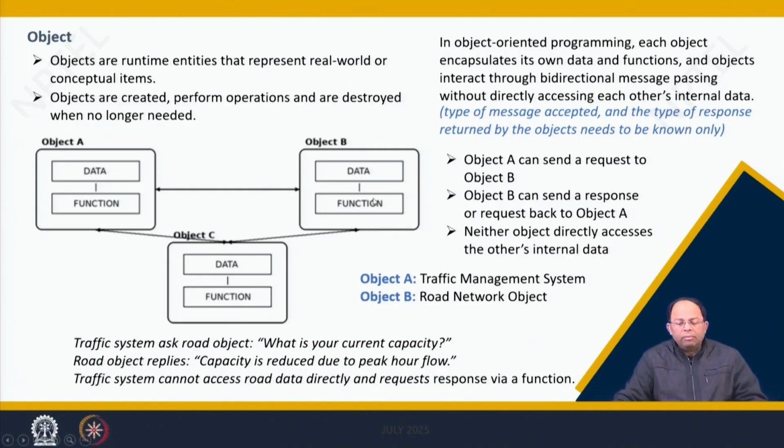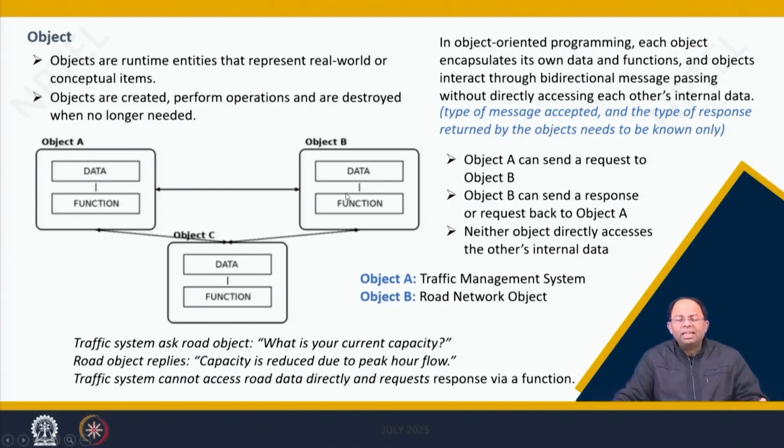Suppose a function of object A is calling a function of object B. So function B determines what data needs to be passed to it and what response it would return, and that would be accepted by the function of object A, right? So that means there have to be proper interfaces designed.